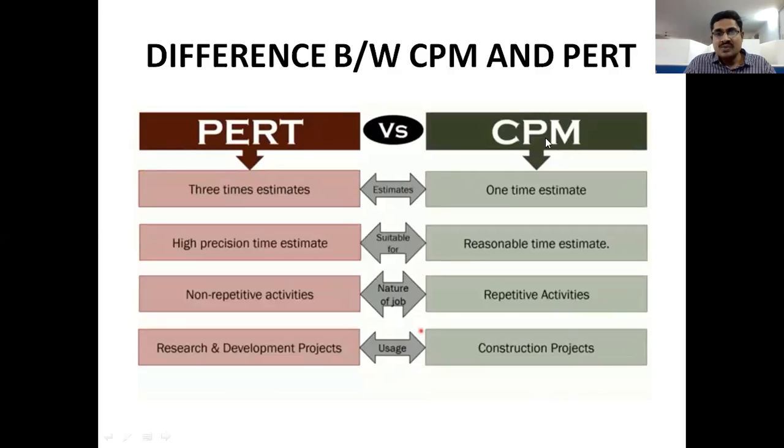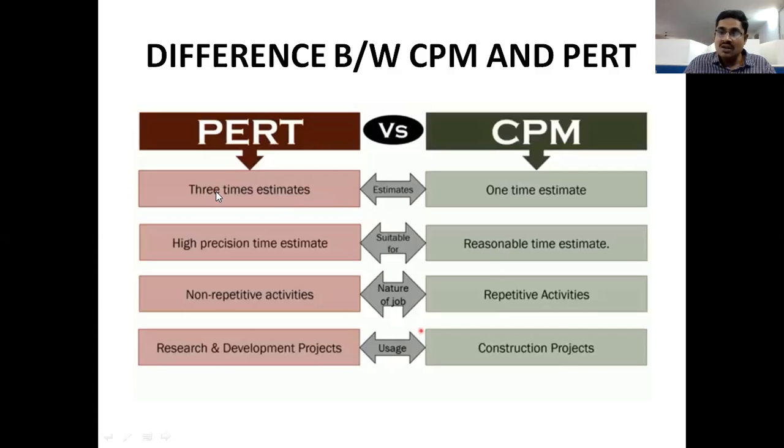Next, in CPM, we have only a single time estimate for each and every activity. In the PERT diagram, we don't know the exact time for each activity. That's why we use 3 types of timings to estimate a single average activity, right?